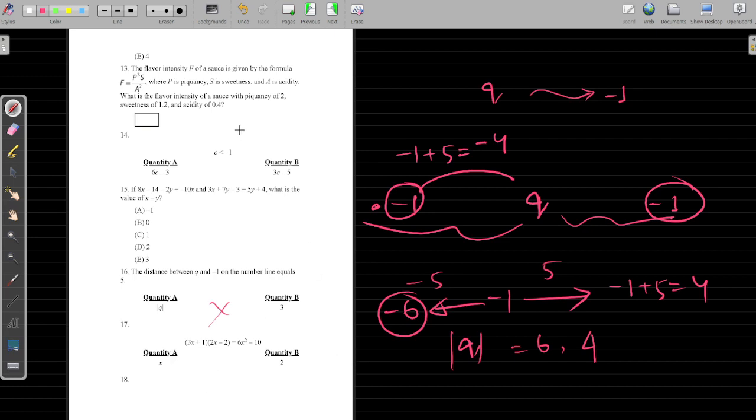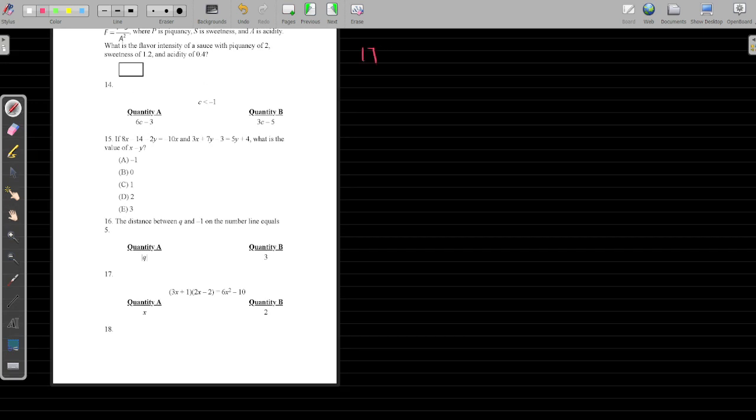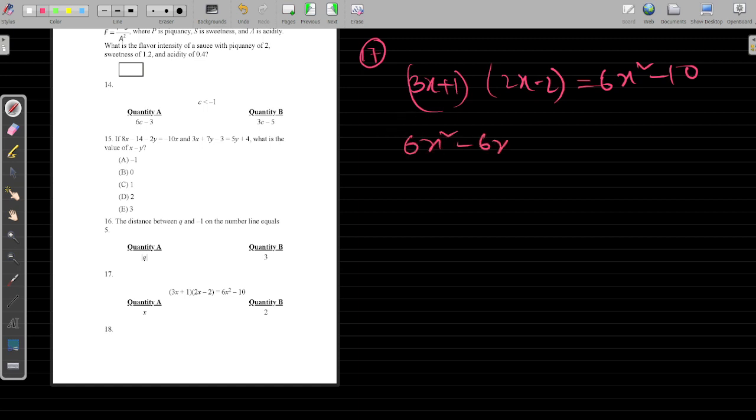And this one, number 17. So this number 17, 3x plus 1 here and 2x minus 2 here, minus equals 6x square minus 2, right? So let us multiply this one. So 6x square minus 6x plus 2x minus 2 equals 6x square minus 10.